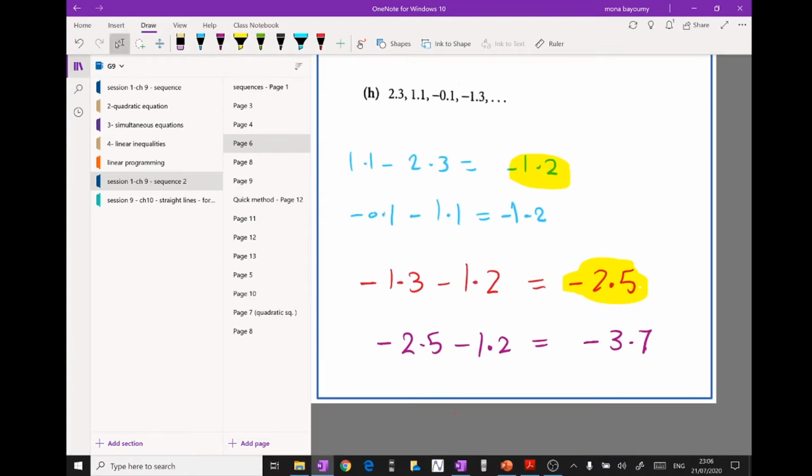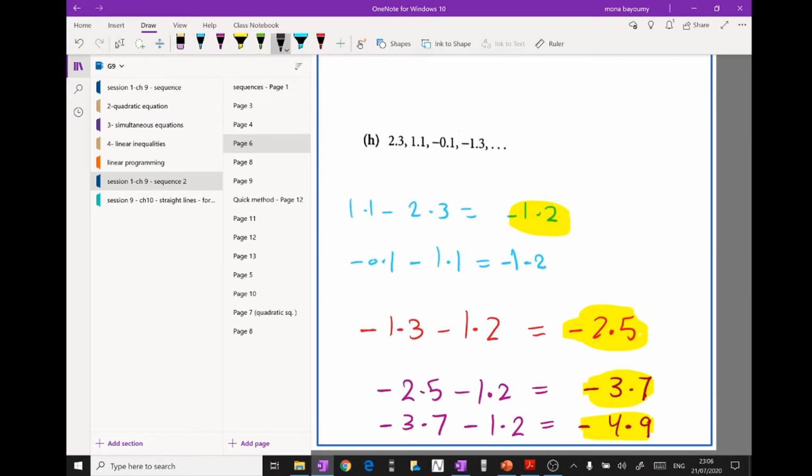To find the last term, negative 3.7 minus 1.2 is equal to negative 4.9. So the next three terms are negative 2.5, negative 3.7, and at the end negative 4.9.